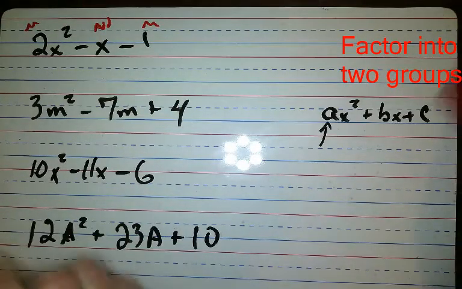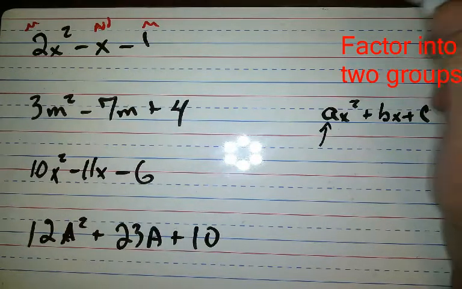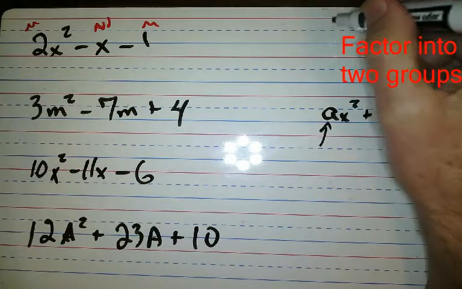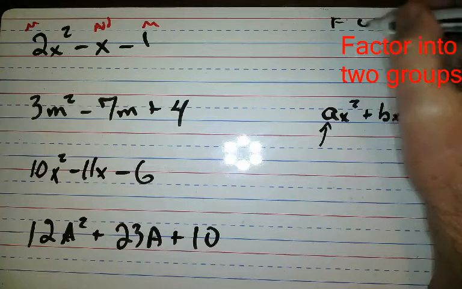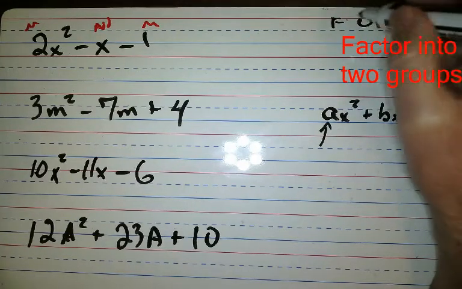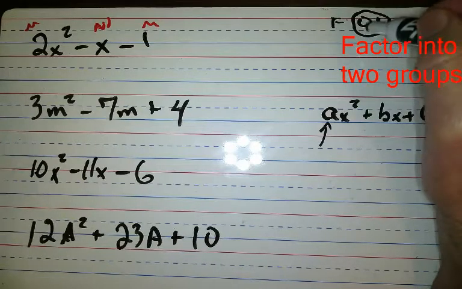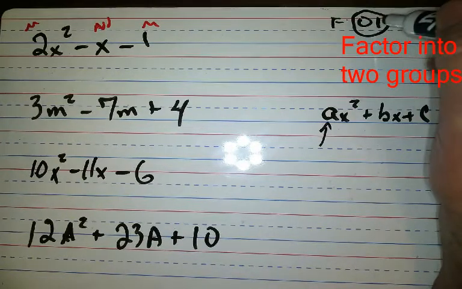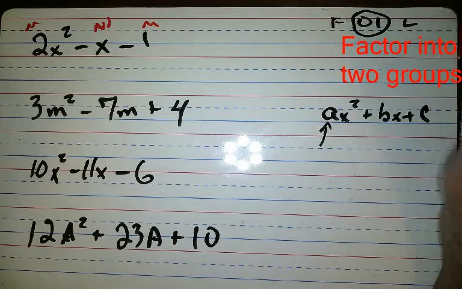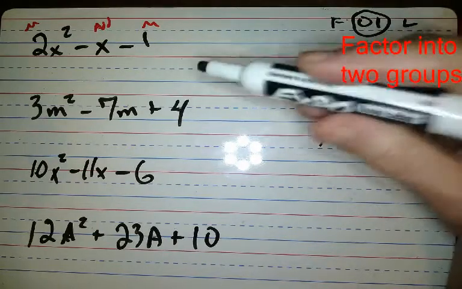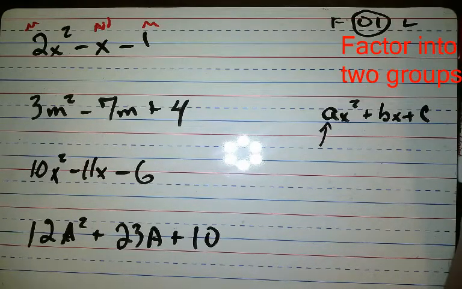And this time, however, you have to incorporate FOIL. So we are going to be using this part of FOIL, the center. We have to add the outside plus the inside in order to get the middle. That's the way it works.